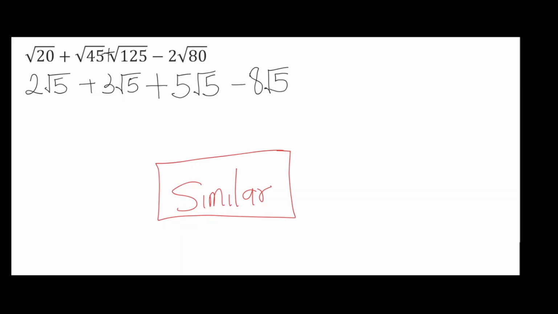When we have similar surds, it means we can add them up and we can also subtract them. So we can only add similar surds and also we can only subtract similar surds. So surds that are not similar cannot be added together and cannot be subtracted from one another.